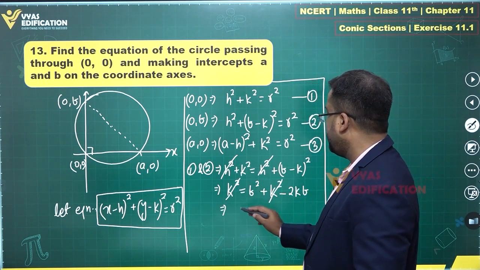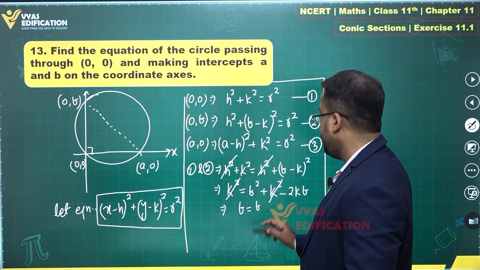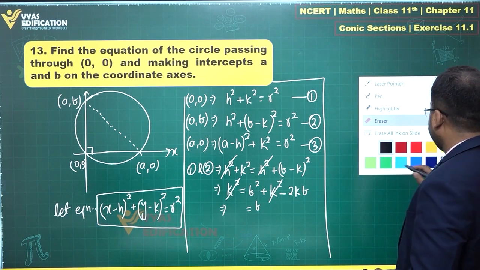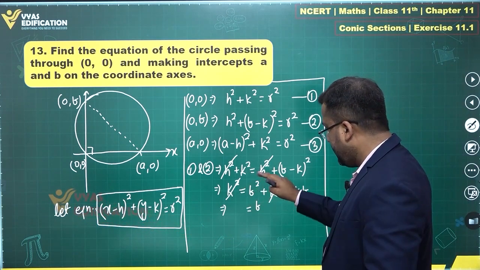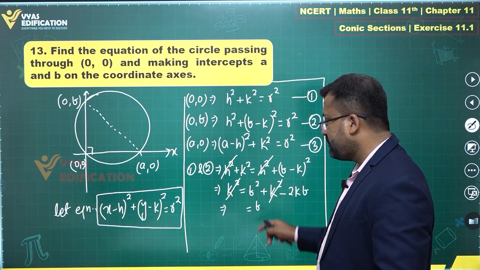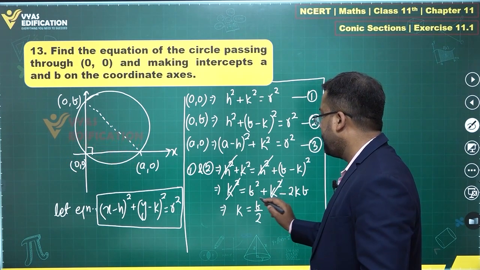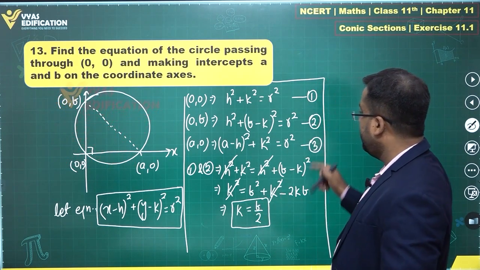This tells me that 2kb = b², so k = b/2, using equations 1 and 2.